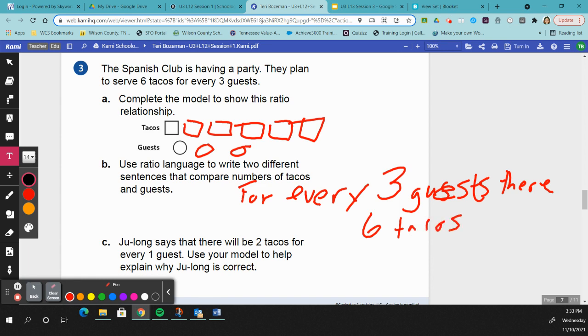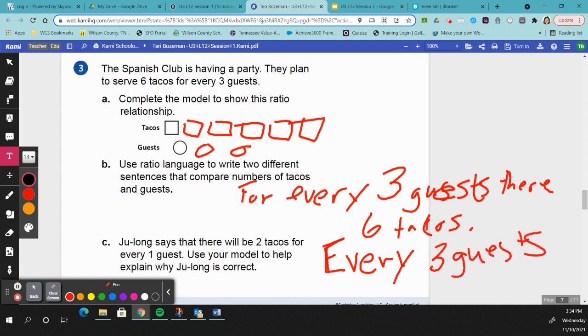I could also say every 3 guests get 6 tacos.